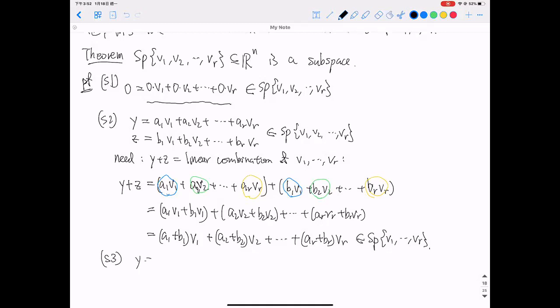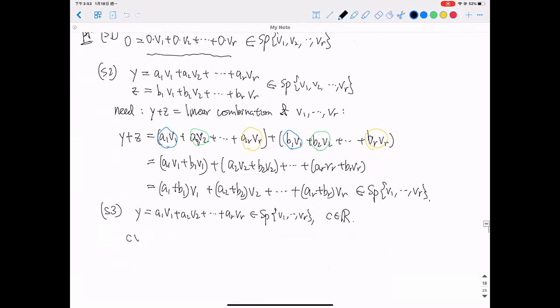For this, you need a vector Y in the span, and you also need a number called C. And then you want to consider C times Y, and you want C times Y to be in the span. So you need C times Y to be a linear combination of the v's.